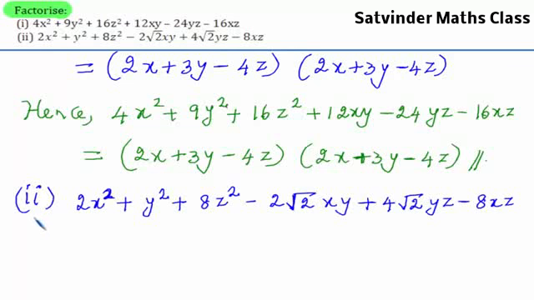In the next part of the problem, we have to factorize 2x square plus y square plus 8z square minus 2 root 2xy plus 4 root 2yz minus 8xz.